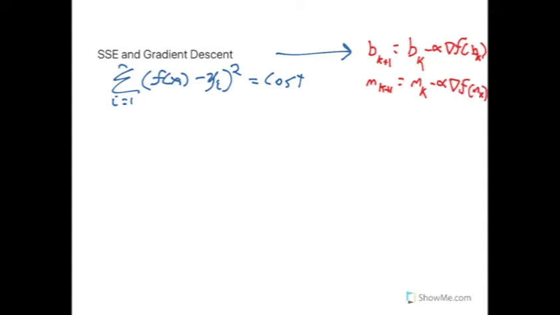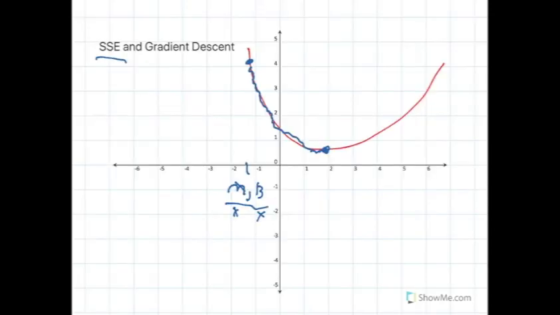Right, and so I'm not going to walk you through how to actually calculate these derivatives, but the idea is that if you can calculate the derivative of the function, then we have a really simple formula that allows us to iterate down this slope, right?